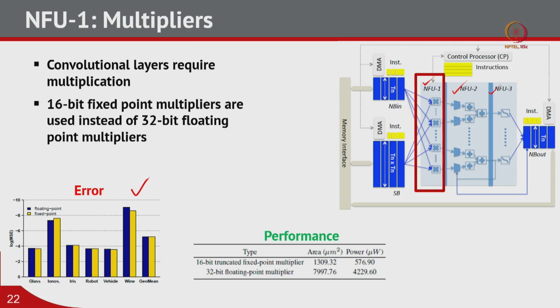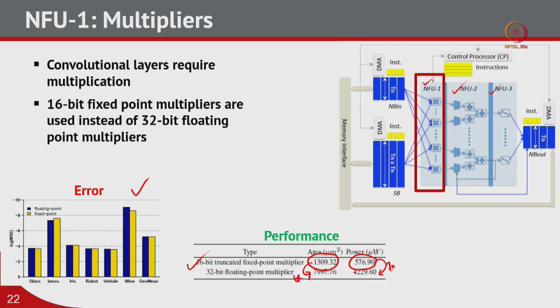For the 16-bit truncated fixed point multiplier, the area is 1309 micrometer square and the power consumption is 576 microwatt, right. When we have the 32-bit floating point multiplier, the area is like 6 times and the power is almost like 7 times. So, that is a huge gain in terms of hardware.